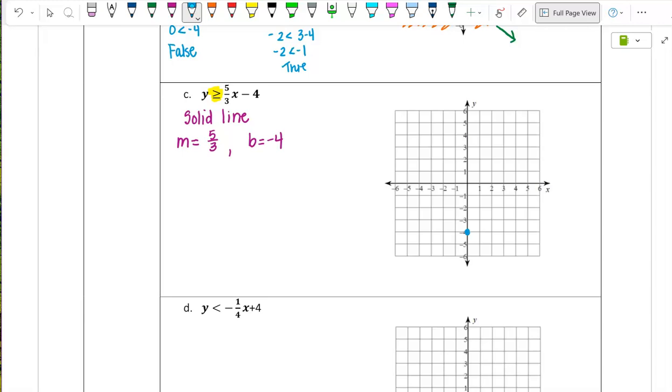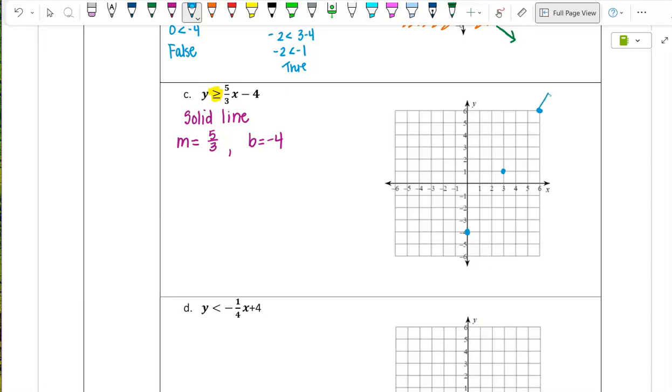My slope says to go up 5 and 3 to the right. And I actually do have room to go up 5 one more time and 3 more to the right. And again, all that second point does is to make sure that I've counted correctly and that my points are in a line.